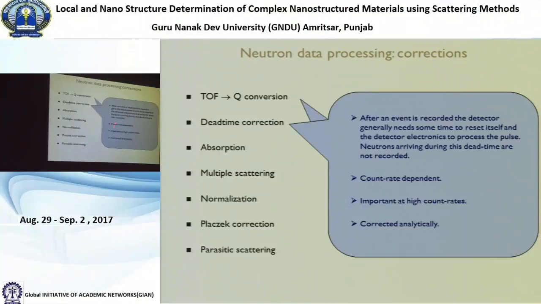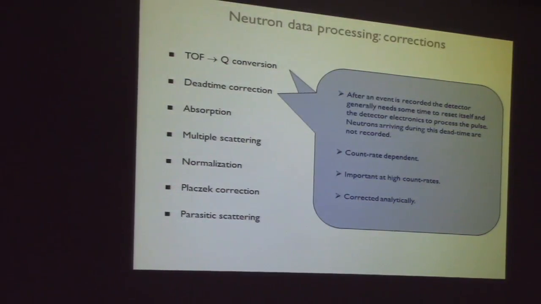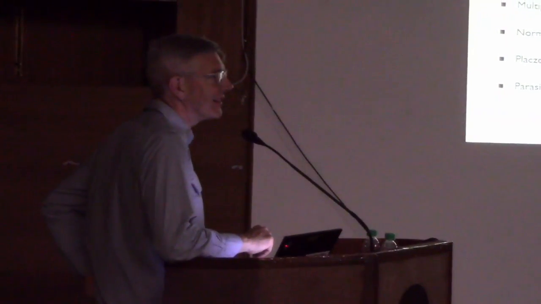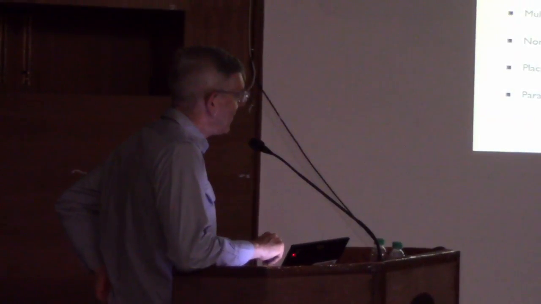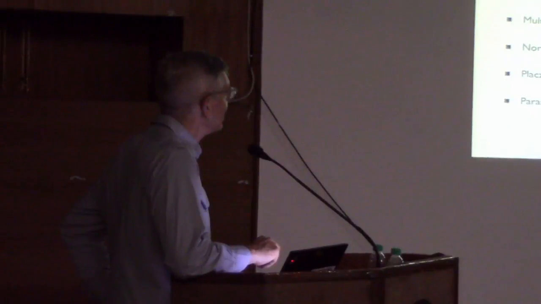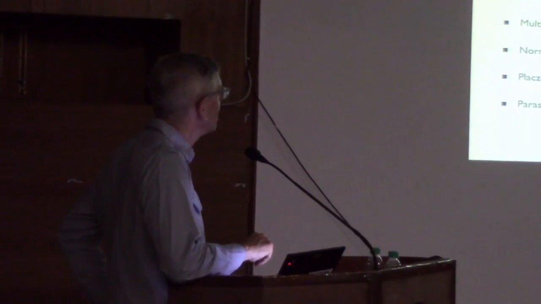There is a dead time correction in the neutron detectors. The neutron detectors are usually helium-3 containing tubes with a wire down the middle, so they work in a very similar way to the photon counting detectors. But what happens is that the neutron gets absorbed by the helium-3, and then it produces an ionization event, which is then detected by this high voltage wire in the middle.